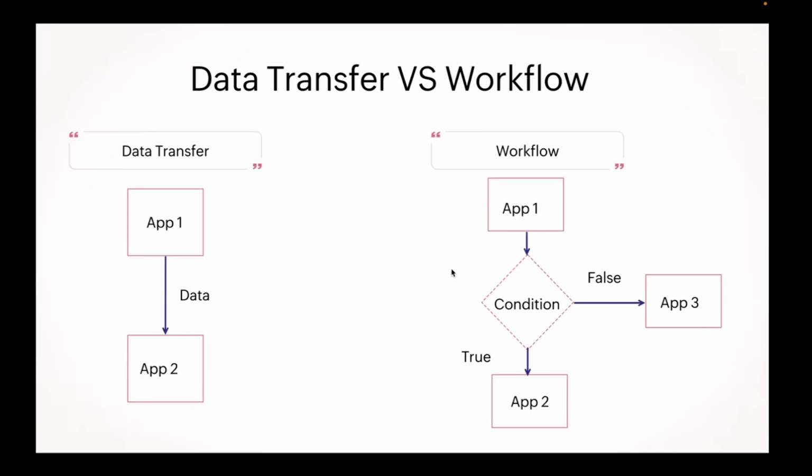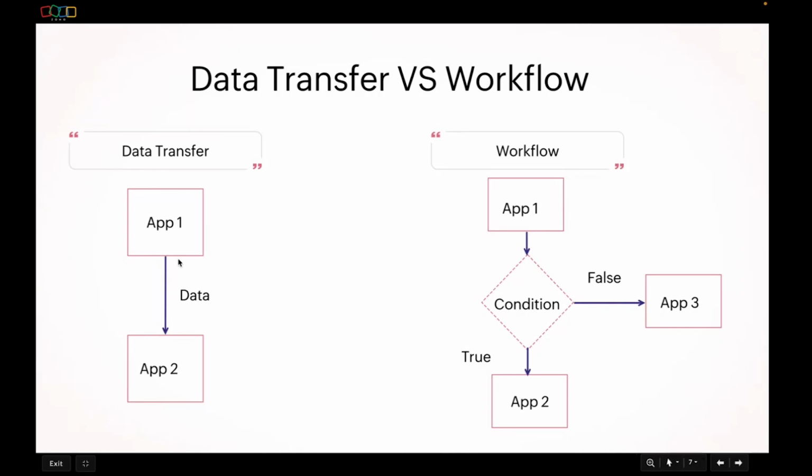Let's say you want to add your Shopify customers as leads in your CRM, every one of them. In that case, what you want to do essentially is data transfer. This should suffice. All of your Shopify customers get into your Zoho CRM account as leads.